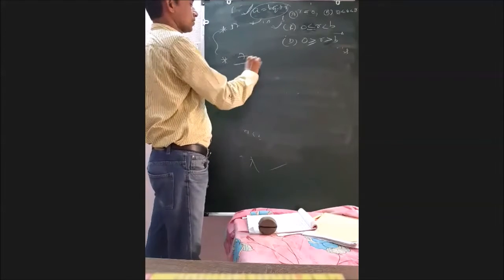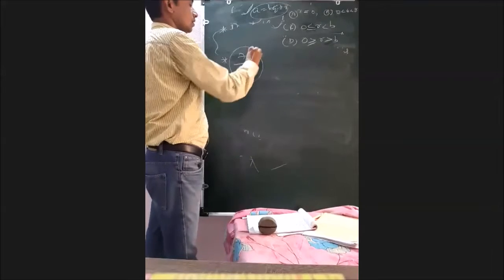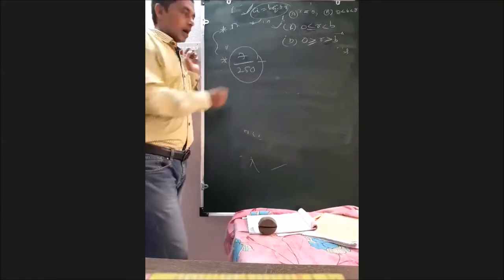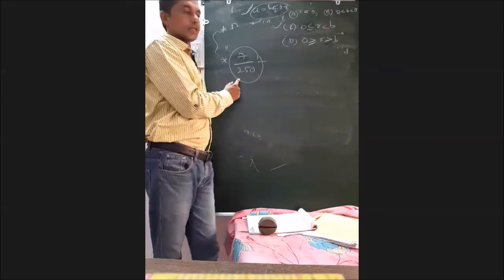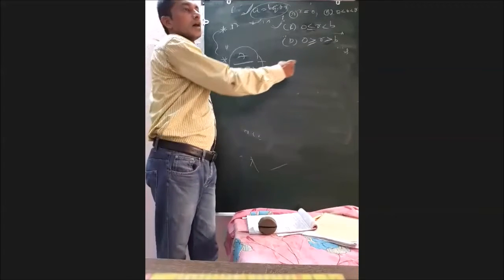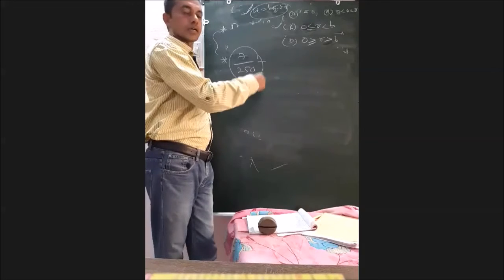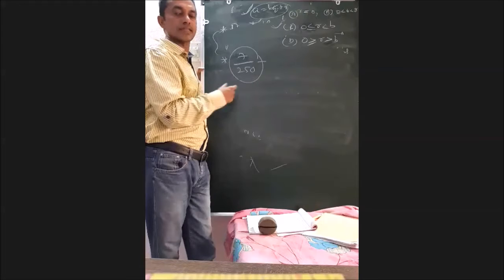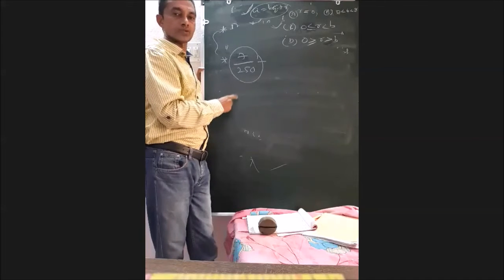Say 7 by 250. What kind of question is it? Akila said that 7 by 250 can be converted into a terminating decimal. Do you agree with Akila or not, and justify your answer? So this is the question.